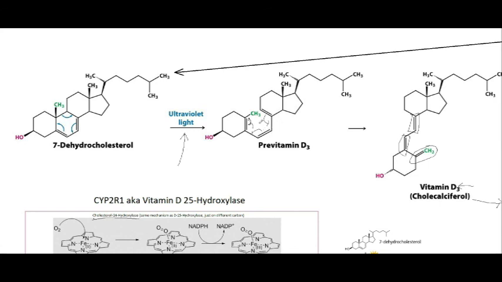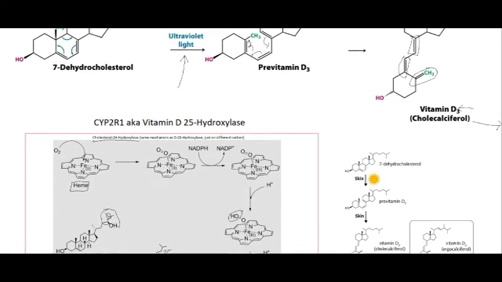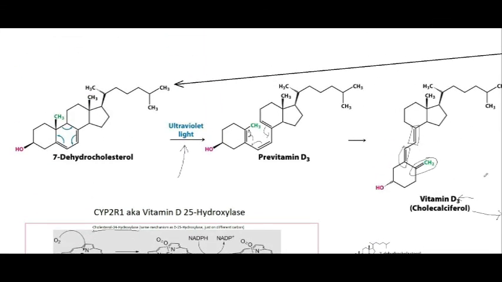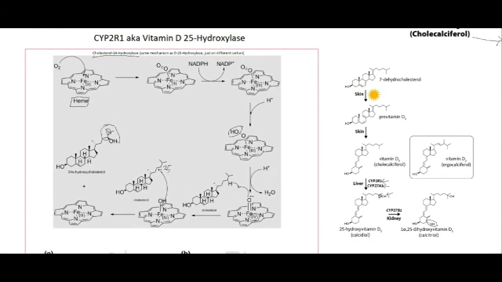Then there is this spontaneous rearrangement of the double bonds to generate the vitamin D3. The vitamin D3 is then transported from the skin to the liver, where the cytochrome P450 2R1, with the help of a heme, can then hydroxylate the 25th carbon on our vitamin D3, which is that carbon right there. We're adding this hydroxyl group, and so that is the biosynthesis of our vitamin D3.